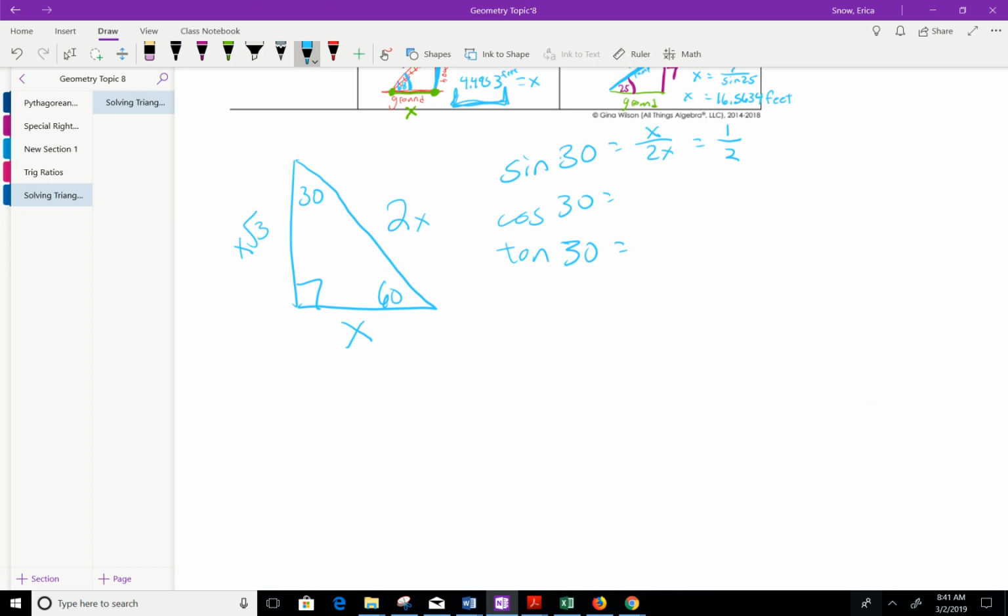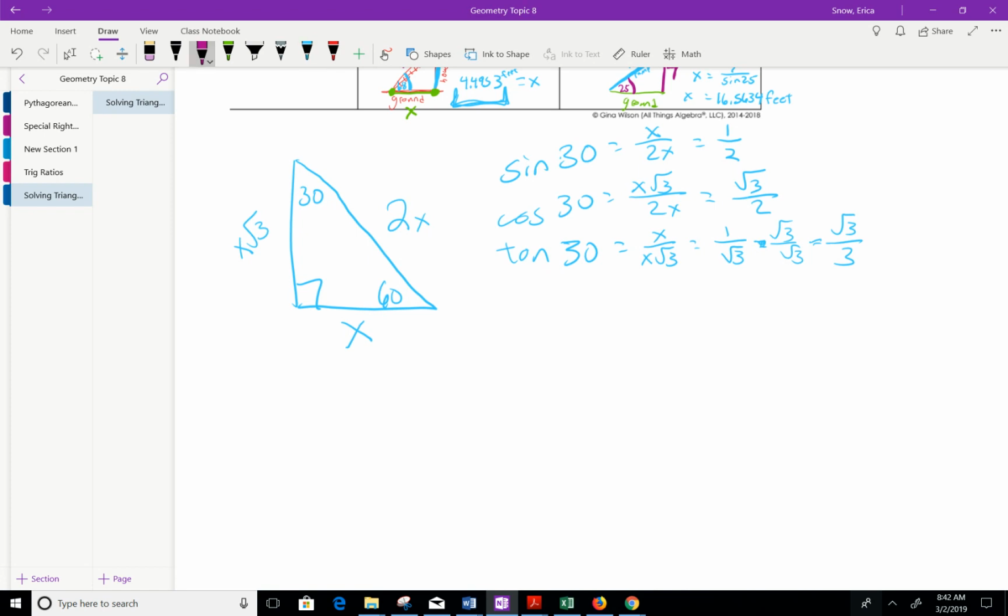Cosine of 30 is going to be x root 3 over 2x. And again, those x's cancel, so that gives us root 3 over 2. And then tangent is x over x root 3. Now this becomes 1 over square root of 3. But remember, we have to multiply by root 3 over root 3. So we get square root of 3 over 3.